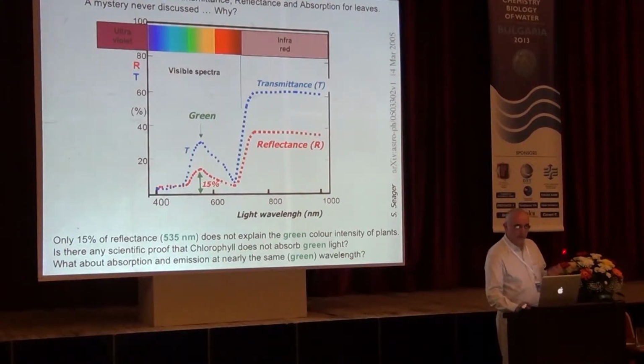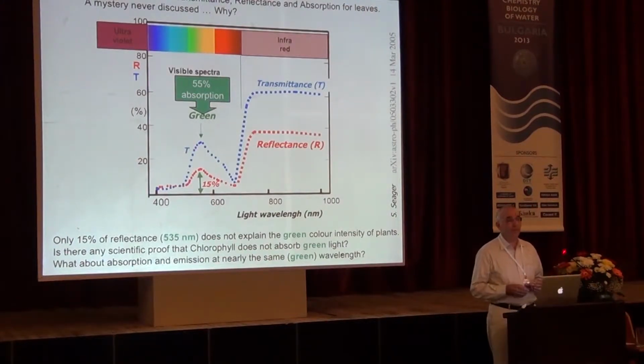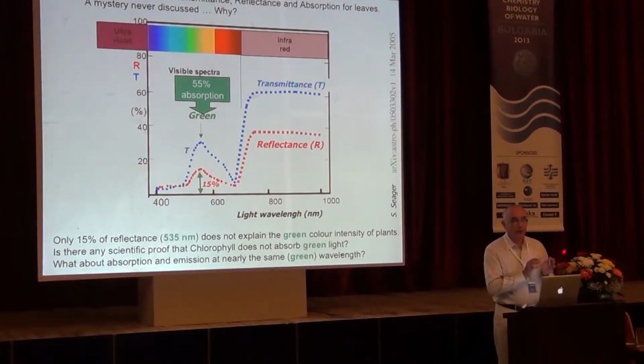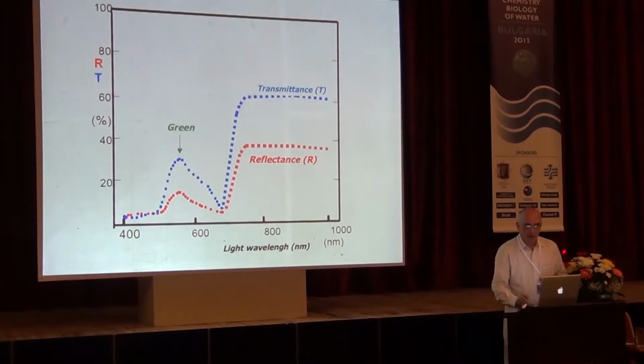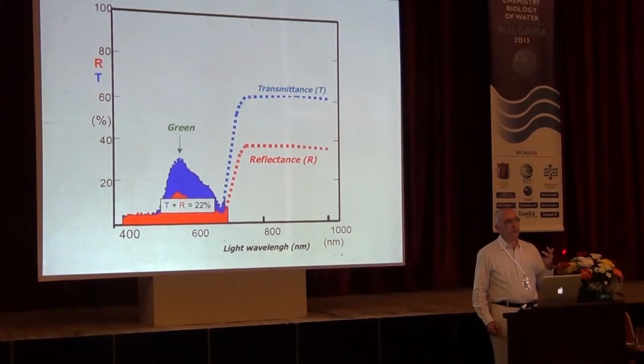So for reflectance and transmittance, we get about 55% of green color, and taking the surface for both, we get about 22% of reflection plus transmission.